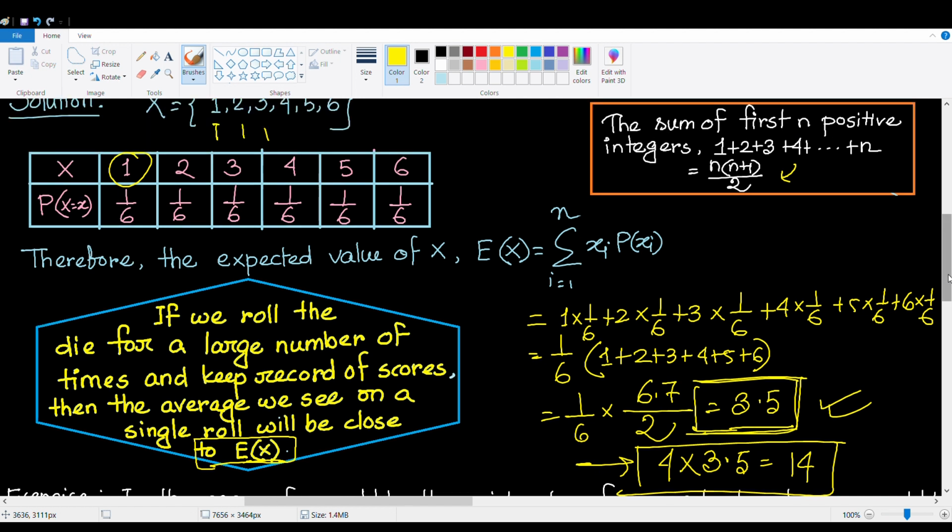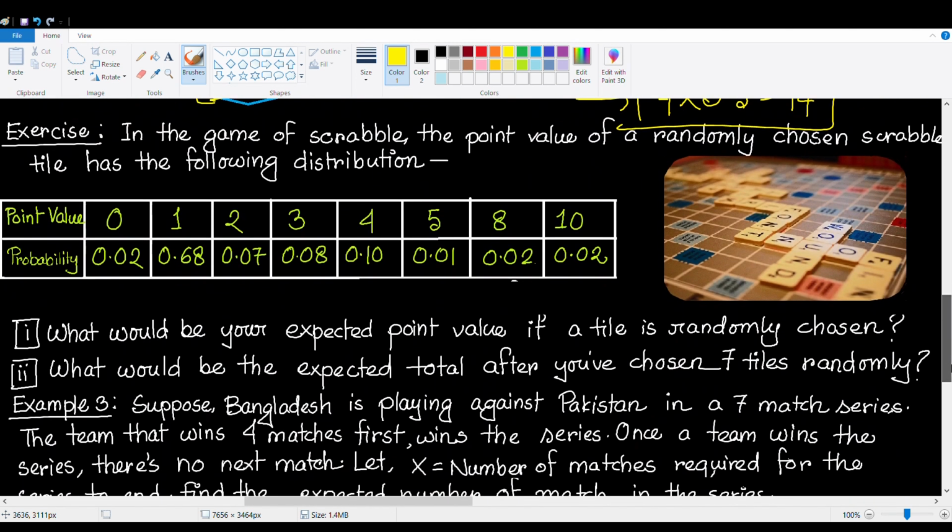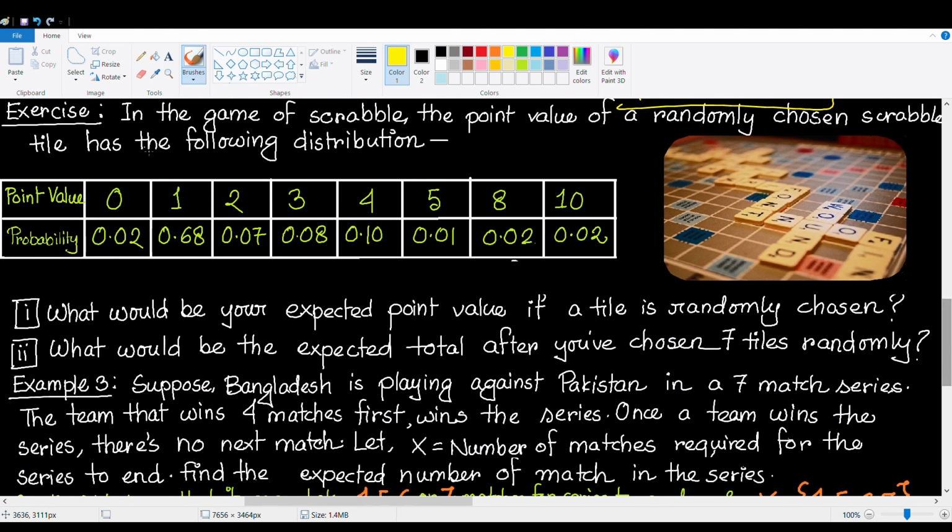Let me give you a similar exercise to solve. The question says that in a game of Scrabble, the point value of a randomly chosen Scrabble tile has the following distribution. Okay, so in Scrabble you can get 0, 1, 2, 3, 4, 5, 8, or 10 from each tile, any of these scores, and the probability of each of these scores is listed just below the variables.